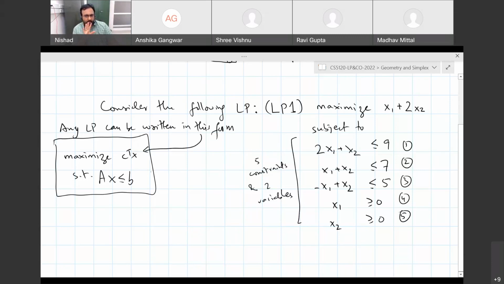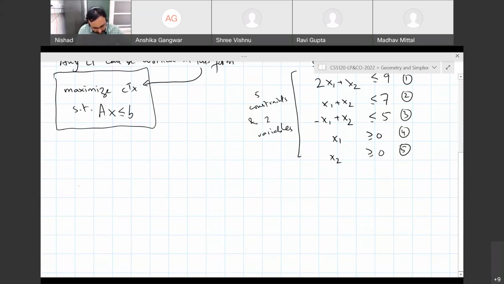But let's not worry too much about these minor observations. What I want to focus on today is what do all the solutions to this linear program look like? In fact, we are going to call them feasible solutions. That is the standard terminology.